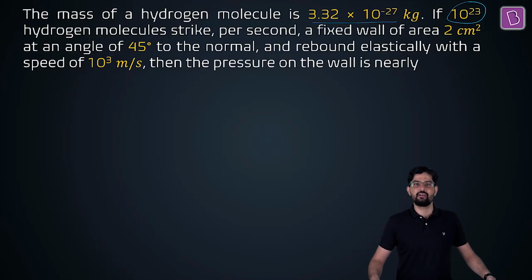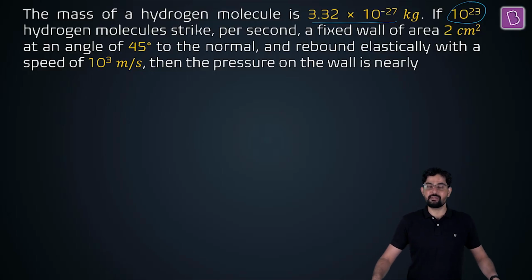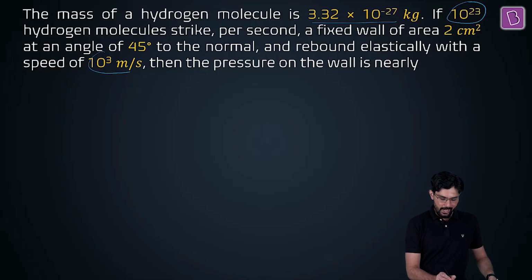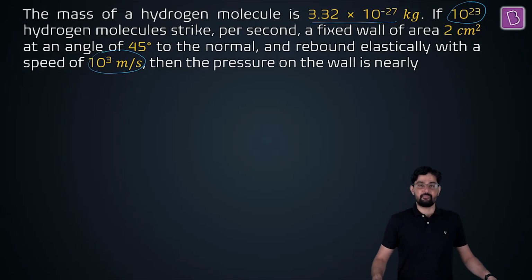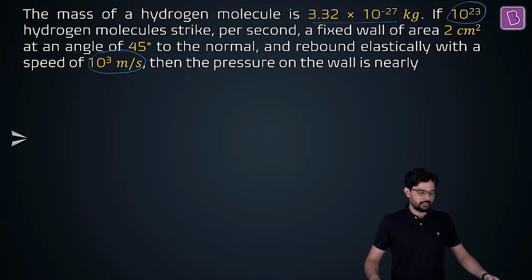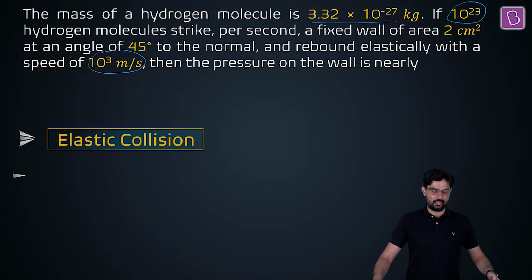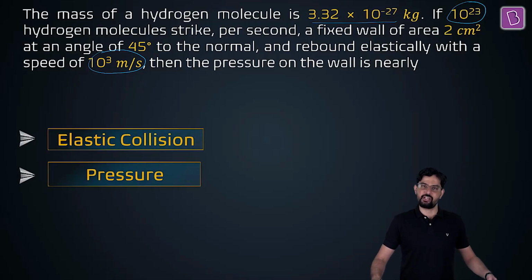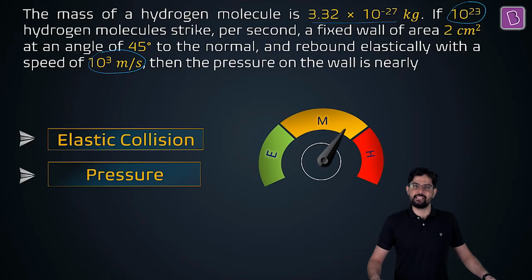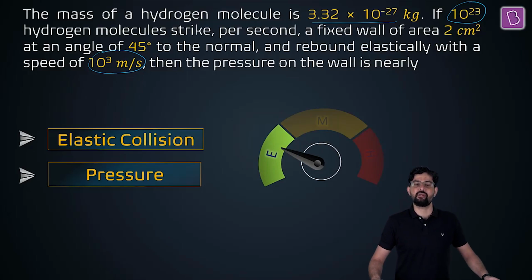The speed of the hydrogen molecules is given as 1000 meters per second, and the angle made with the normal is 45 degrees. So in this case, the concepts involved are elastic collision and pressure. Conceptually, this problem is easy, just that the calculation is going to be a little tedious.